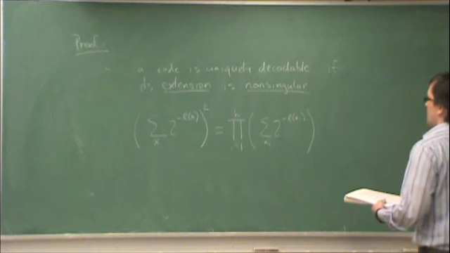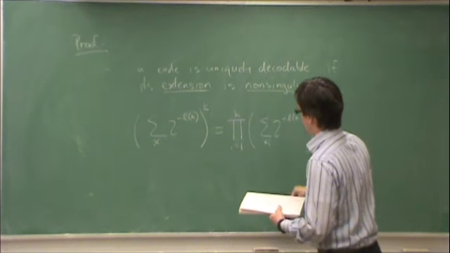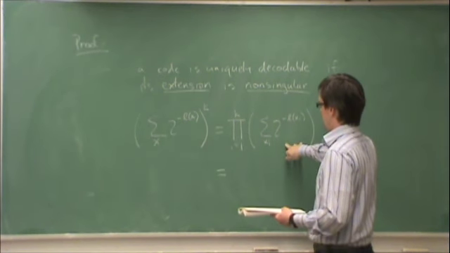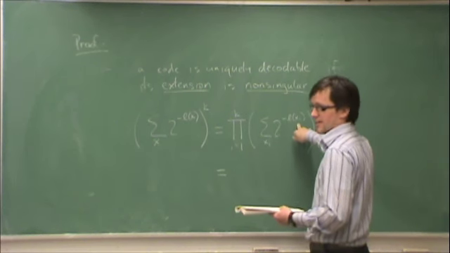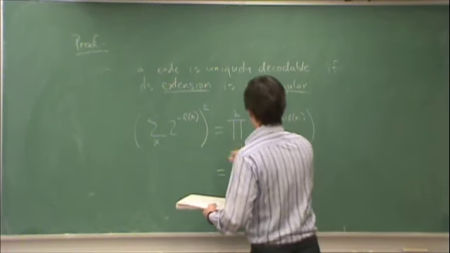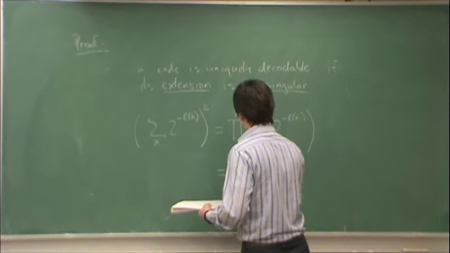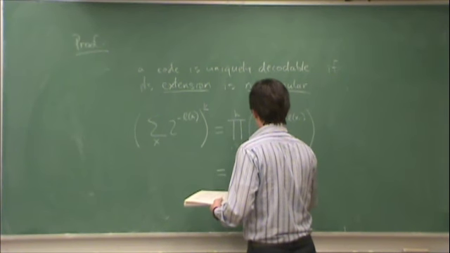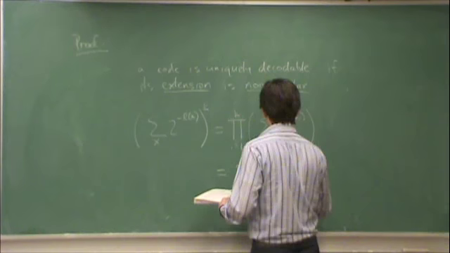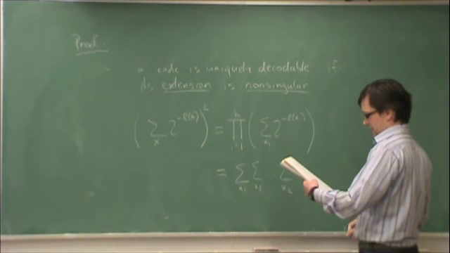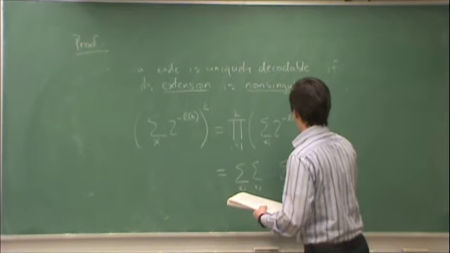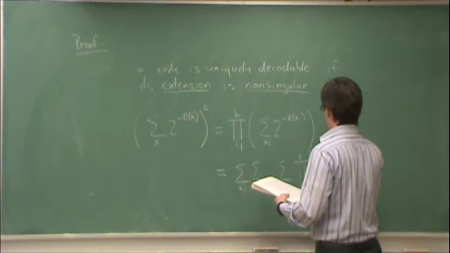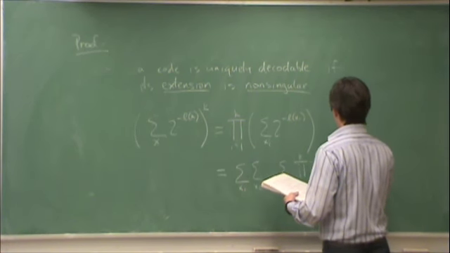So what's going on in this product is that each term in the product is only in x_i. So what I can do is take the sums out of the product. And then I am left with the product from i equals 1 to k of 2 to the minus L(x_i).